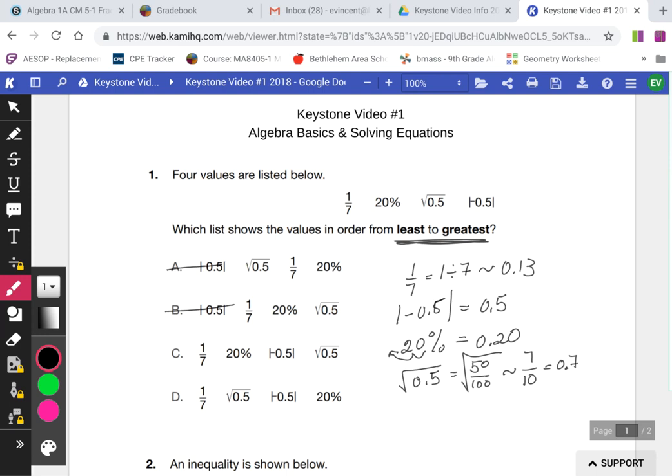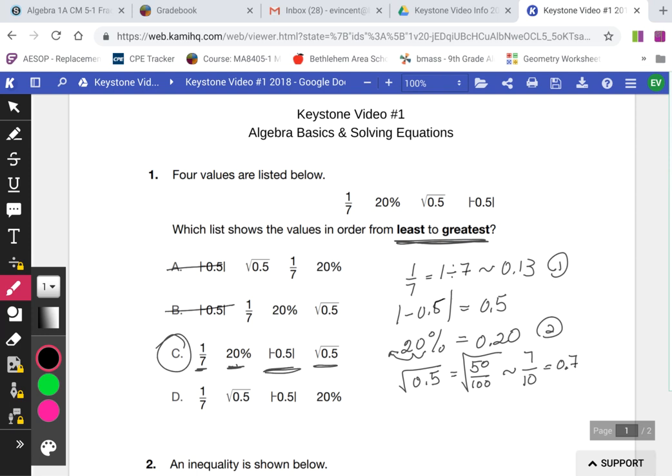So it looks like 1/7 is our smallest number. That's our first one. Our next one is 20%. So there we go, 1/7, 20%, and then the absolute value of negative 0.5 and the square root of 0.5. So C would be your correct answer for that one. Remember, these all have to be the same type of number in order to compare them, and decimals are the easiest one to do that with.